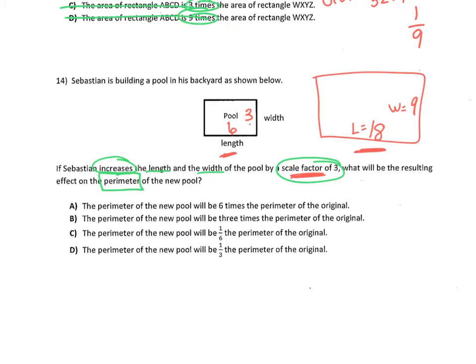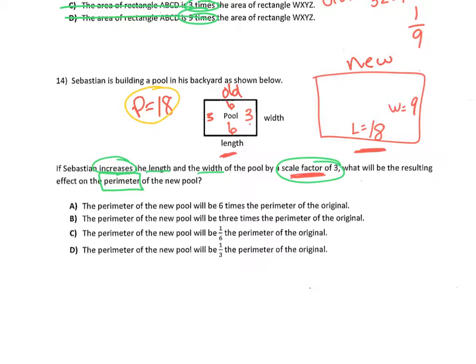Good. Then the perimeter of my old and the perimeter of my new. Perimeter of the old, add 6 plus 6 plus 3 plus 3. Add them all up together. Should be 18.